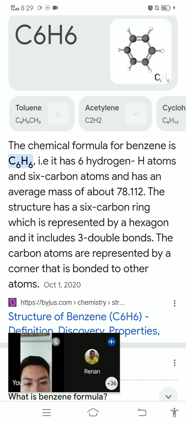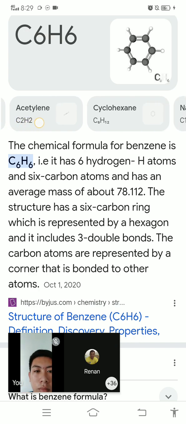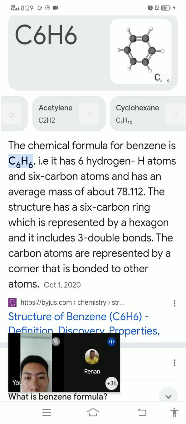But we are talking of benzene, so benzene must be different from cyclohexane. What makes it different? Anyone? There is an alternating what? Double bond, sir. Yes, there is an alternating double bond and single bond.